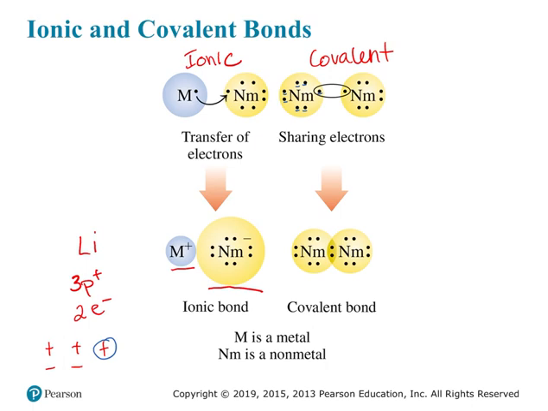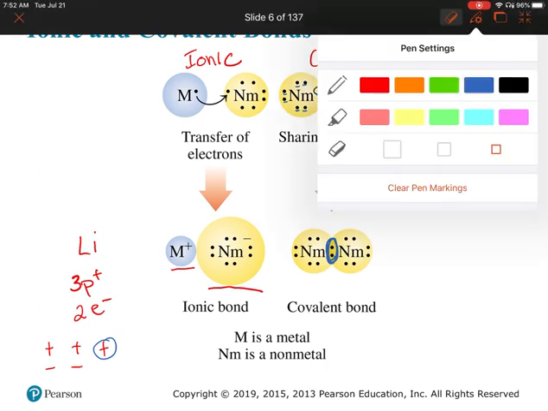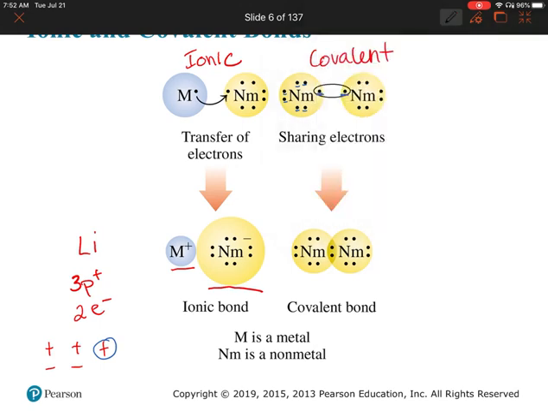So instead, they're going to share their 2 unpaired electrons here, and they're going to create a shared bond there. So what we can do is count the number of electrons individually for each atom. The nonmetal on the left has 2, 4, 6, 8 electrons, and the nonmetal on the right also has 2, 4, 6, 8 electrons. So they are both happy.